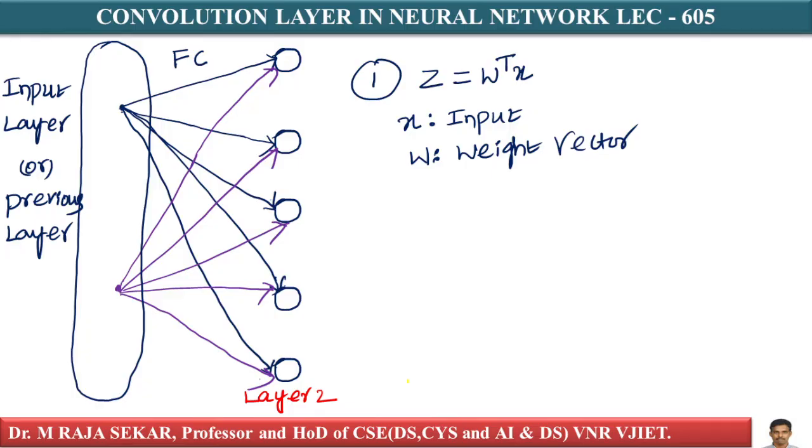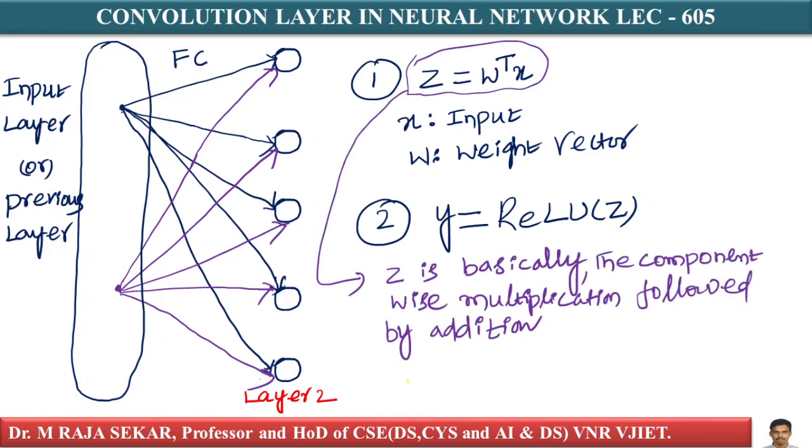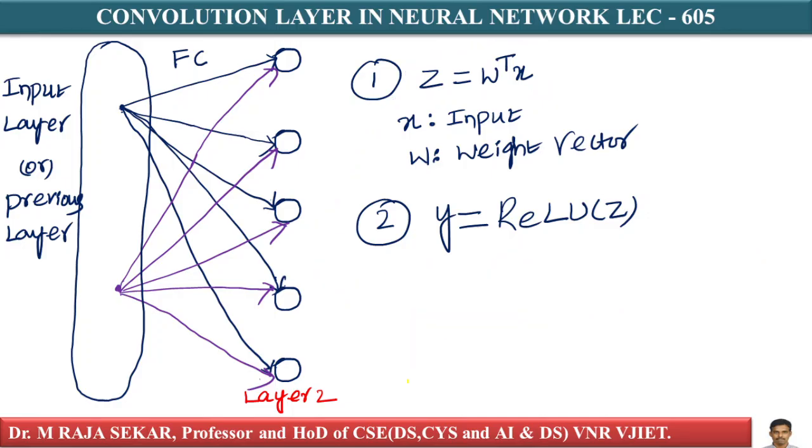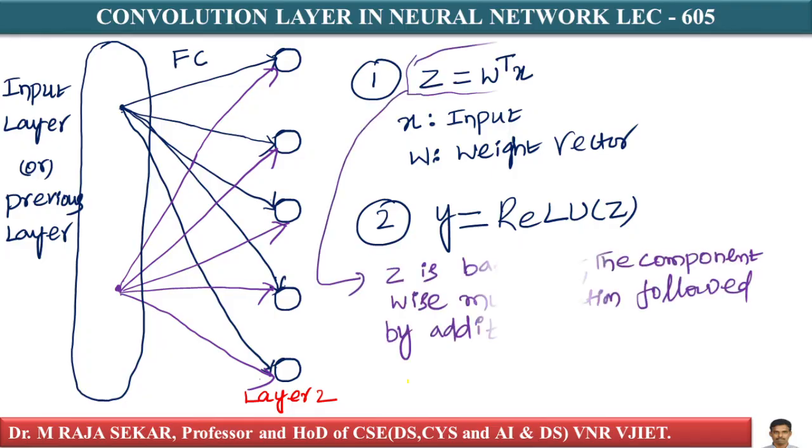Then we compute activation units like ReLU on top of Z. This becomes the output. My output is Y, Y equal to ReLU of Z. So for any neuron, the inputs from the previous layer are called X, and the weights are called W. Z is basically component-wise multiplication followed by addition.